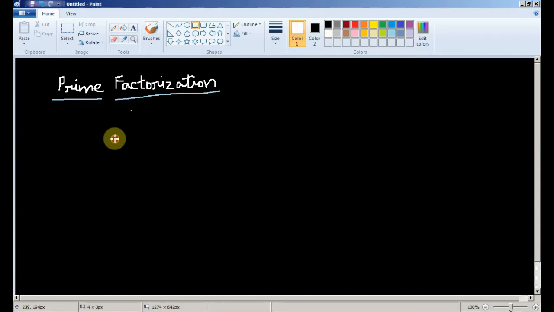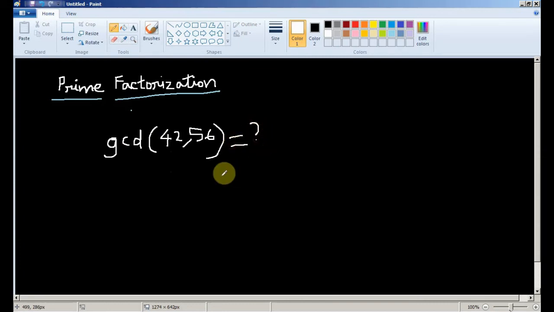Now this time I'm going to find the GCD of two bigger numbers, say 42 and 56. I need to find the GCD of these two numbers.